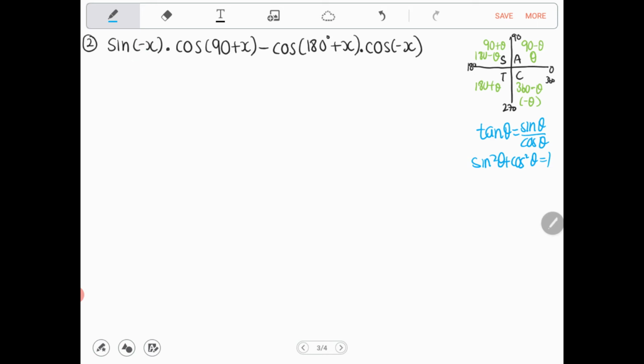So this is a negative theta, it's in the fourth quadrant. I'm underlining my 90 because it's a co-ratio, and this would be in the second quadrant. This is in the third quadrant, and again, negative theta is in the fourth quadrant. So I've done my identify.